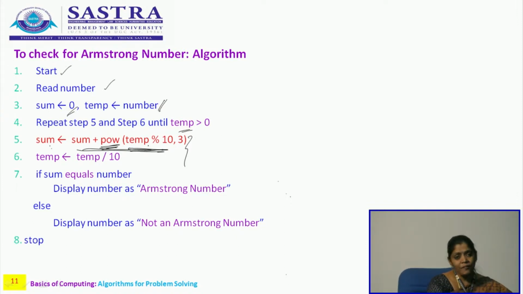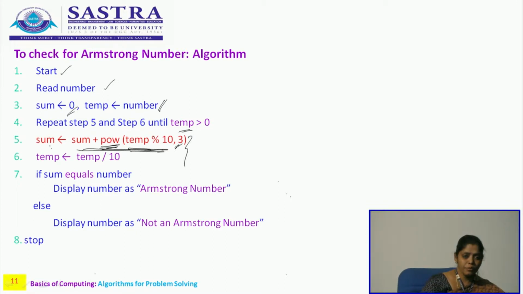So these two operations are carried out by this statement. First, we are extracting the digit with the help of temp mod 10, and once it is extracted, we are cubing it, the number power 3, and then you are adding it to the sum. Already sum is 0, so you extracted the last digit, that is in the ones place, and you have stored that value in your sum.